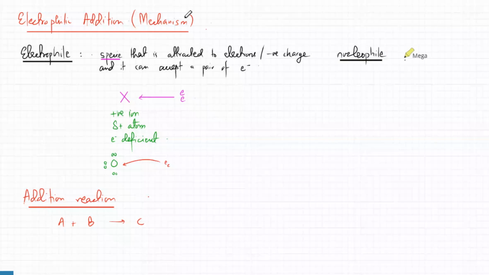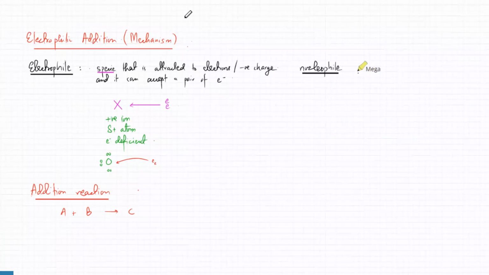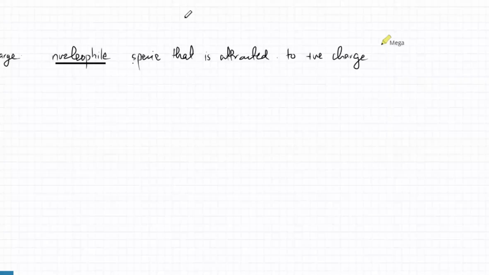Now, a nucleophile is the exact opposite of an electrophile. A nucleophile is a species that is attracted to positive charge, or we can say that it's attracted to the nucleus.